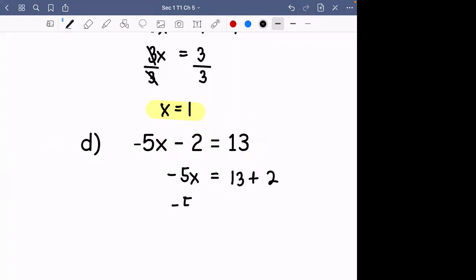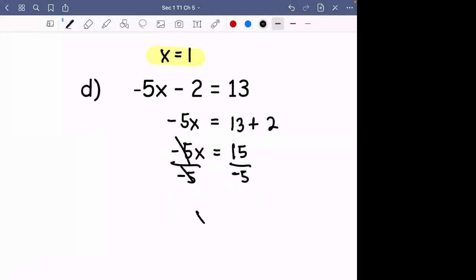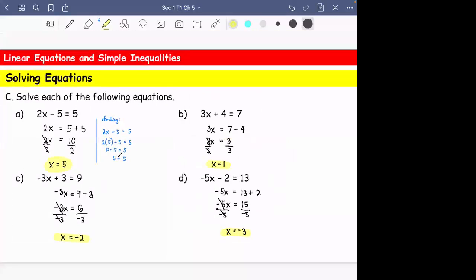Then bring down -5x equals, what is 13 plus 2? It's 15. We want to get rid of -5, we just want x, so we divide both sides by -5. So x is equal to negative 3. That's your answer for B, C, and D.